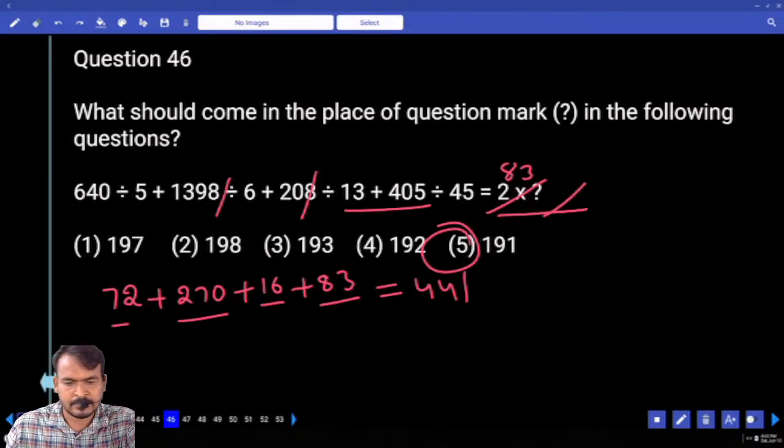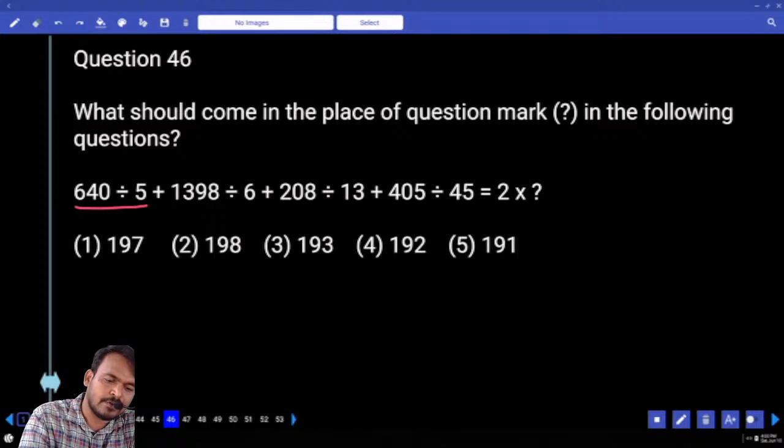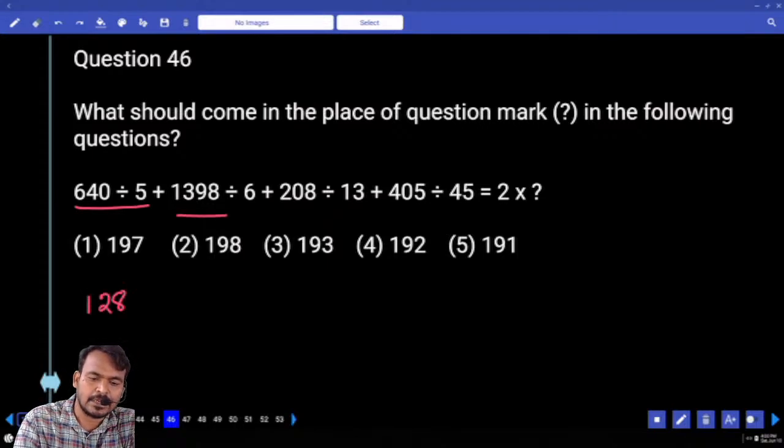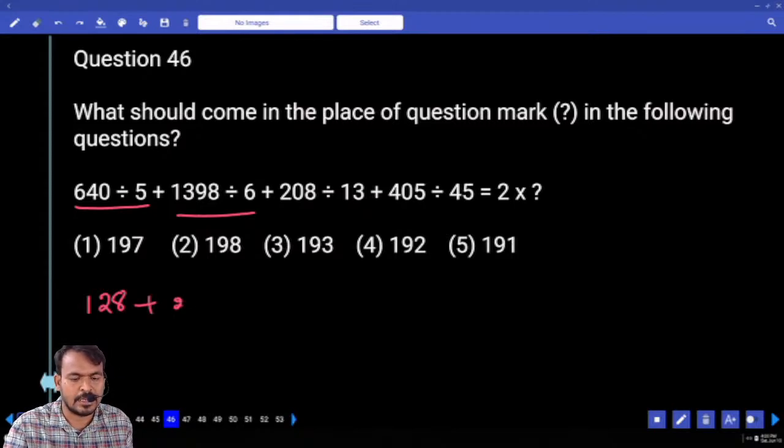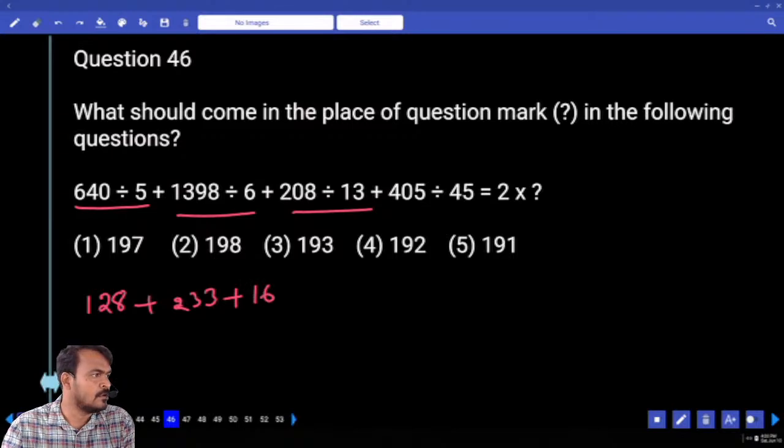46. 640 divided by 5, 128. 1398 divided by 6, 6 how many times? 2 times. Again 3 times. Again 3 times. 208 divided by 13, how many times? 16 times. 405 divided by 45, how many times? 9 times.